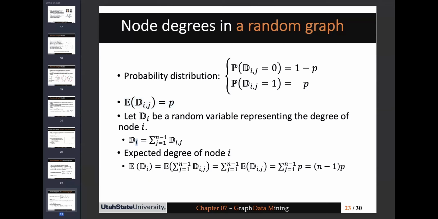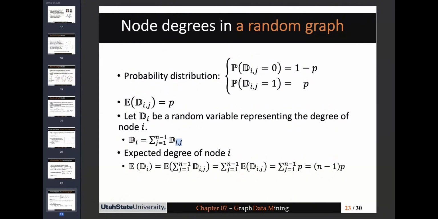In other terms, how many edges connect to that node? It is nothing but the sum over all the edges i and j, with j being all the other nodes that exist in the graph, which have a value of 1. Because a value of 1 simply means that there is an edge between the two random nodes i and j.